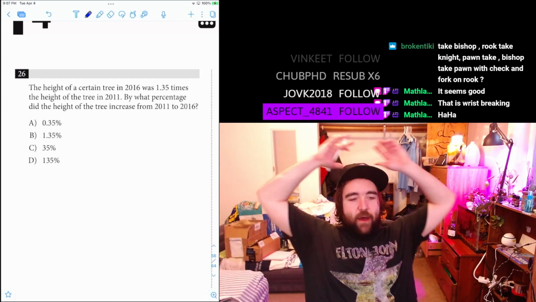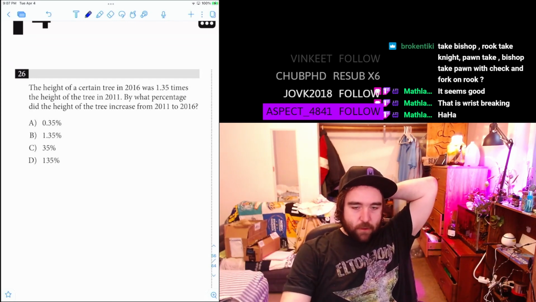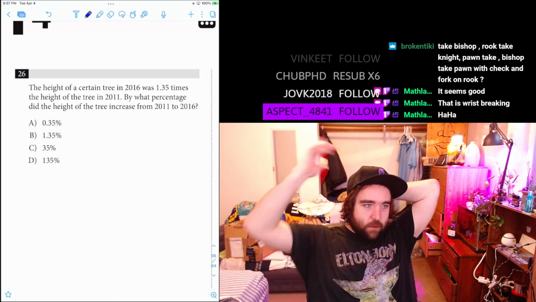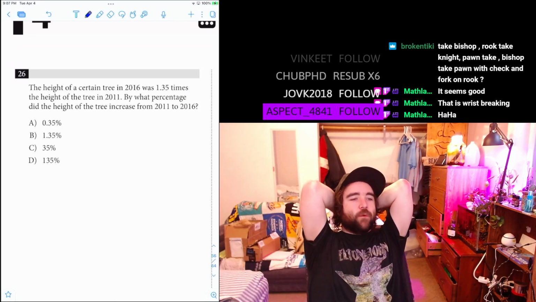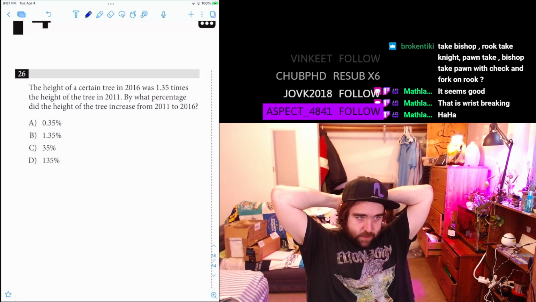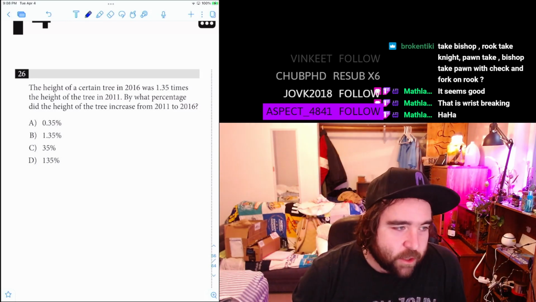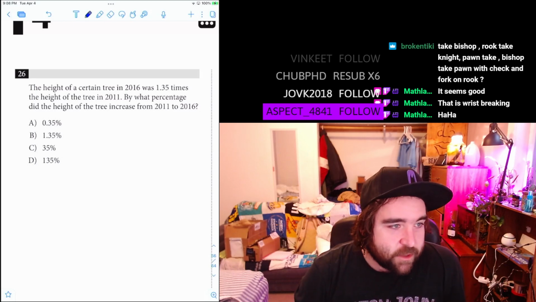All right. The height of a certain tree in 2016 was 1.35 times the height of the tree in 2011. By what percent did the height of the tree increase from 2011 to 2016? So, percents, you just got to set up the equation. You got to not try to jump right to it. It's probably not 35%.